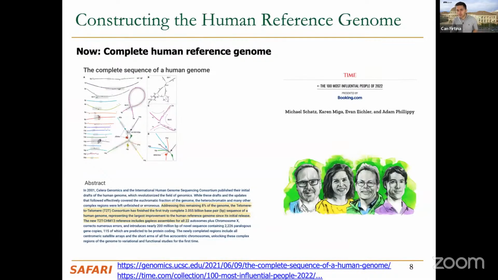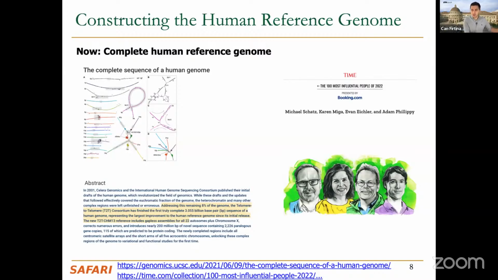But the first decoding of the human genome was not necessarily complete. It consisted of a lot of gaps, a lot of blanks in the genome, because there are also regions in the genome that are challenging to decode, let's say.